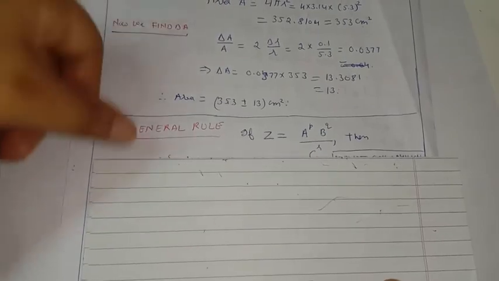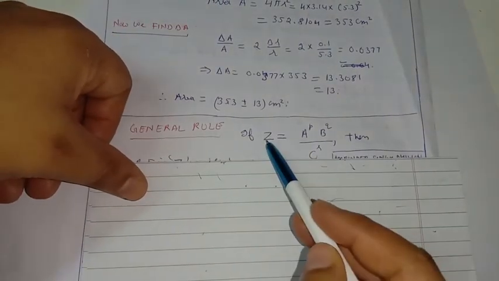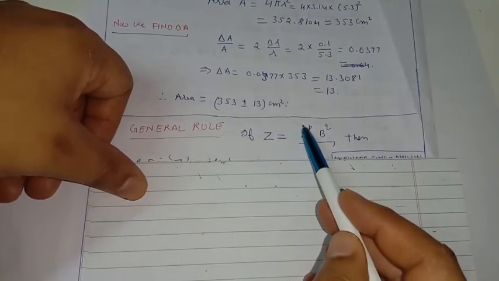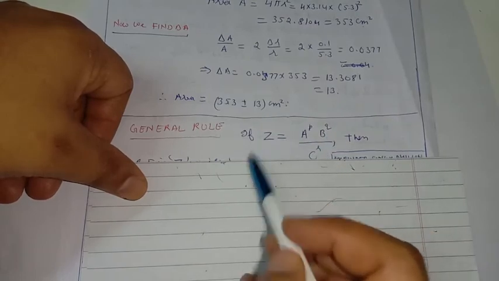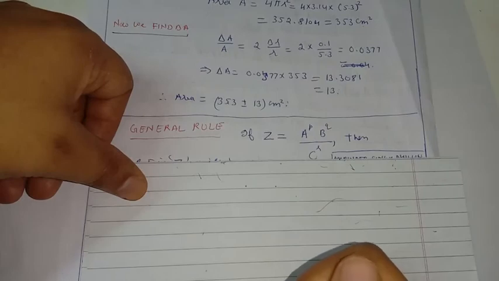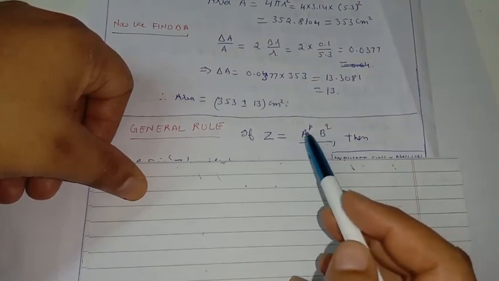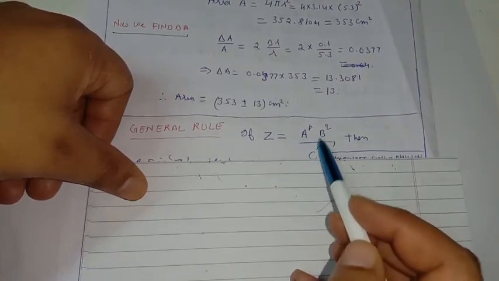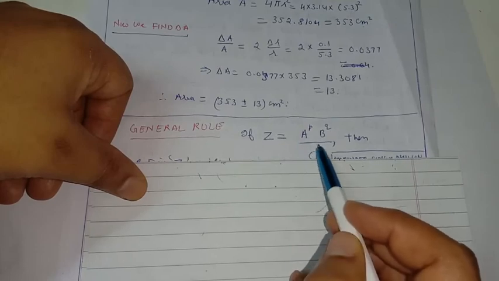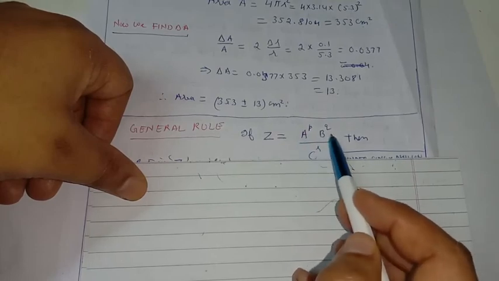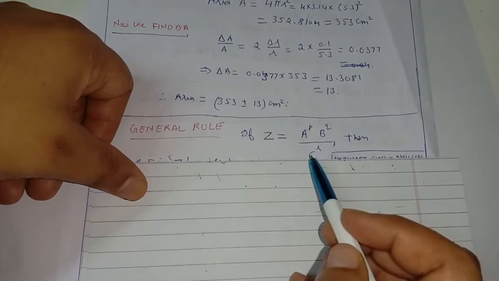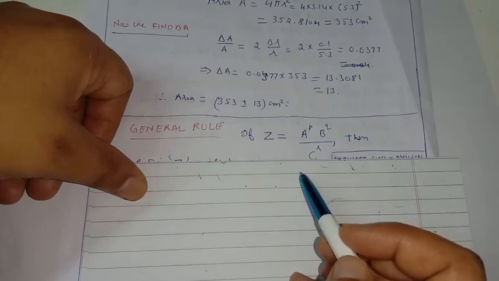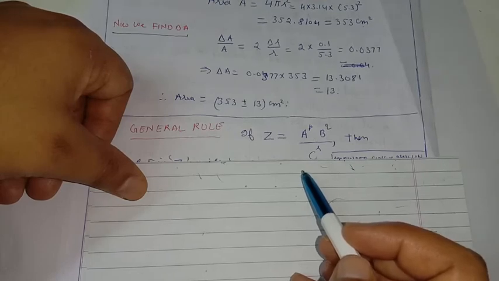Generally, if we have some quantity of the type z is equal to a raised to power p, b raised to power q, divided by c raised to power r, then what will be the error in z? The result is the same as we had done earlier. A and B are multiplied together, and C is dividing the product of A and B. But we know that in the case of product and in the case of quotient or division, relative errors always add up.